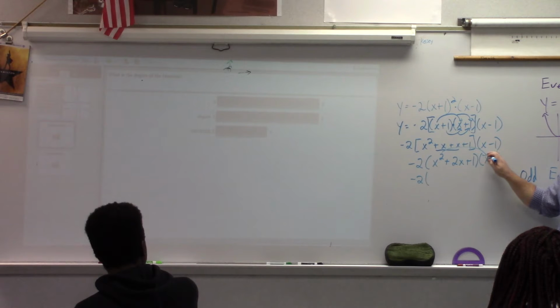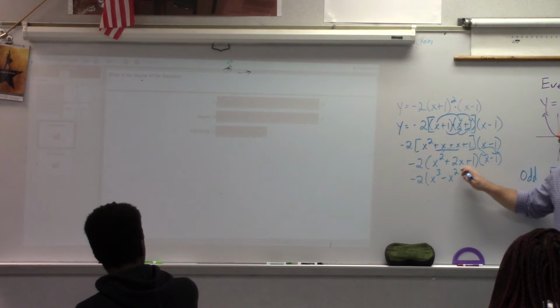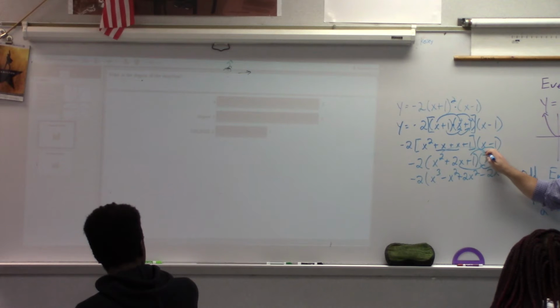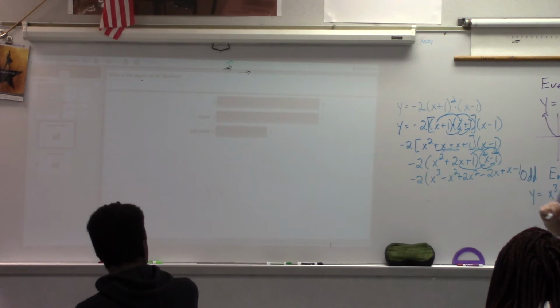And then x squared times x and minus 1, so x cubed minus x squared plus 2x squared minus 2x plus x minus 1. So remember, you got to take every single term and distribute it.